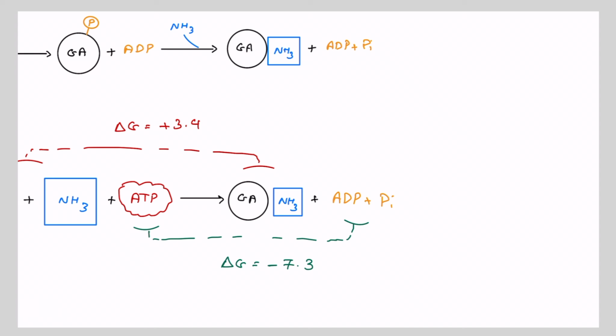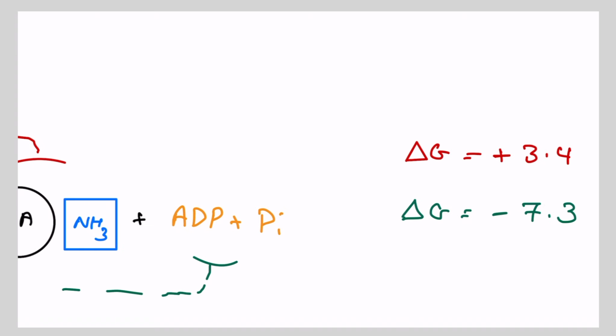What does that mean? It means that here we have the delta G of the first reaction being plus 3.4. This is thermodynamically unfavorable. And the second one is going to be minus 7.3. So this is the delta G of glutamine, and this is the delta G of ATP.